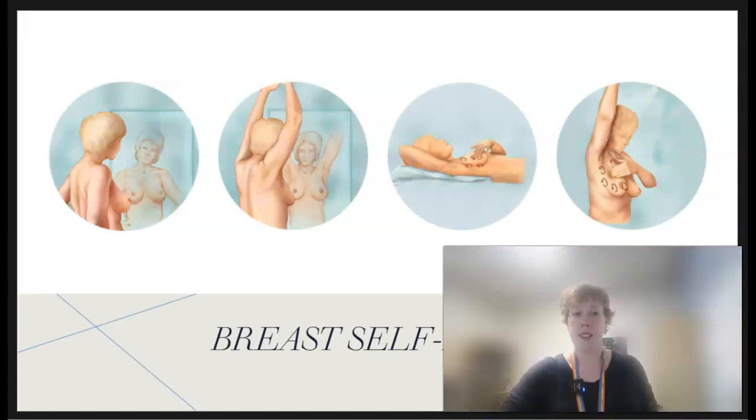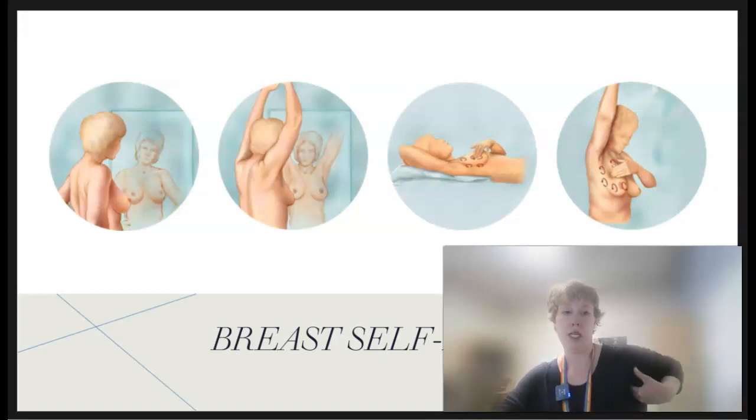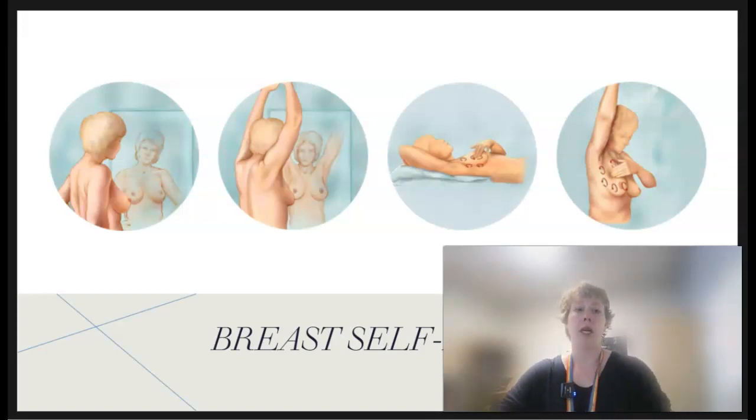Then the patient will lie down and do circles about the size of a quarter in all of the tissue. It's not just the breast tissue itself; we're going up to the clavicle, into the axilla, collarbone to upper abdomen, and armpit to cleavage is generally all the tissue that we want to check.